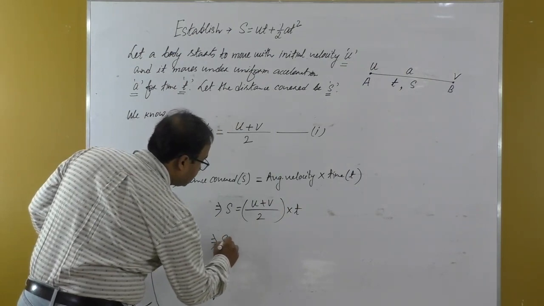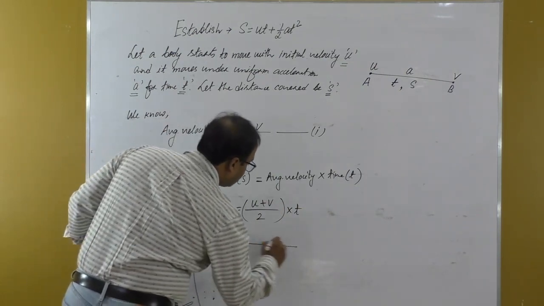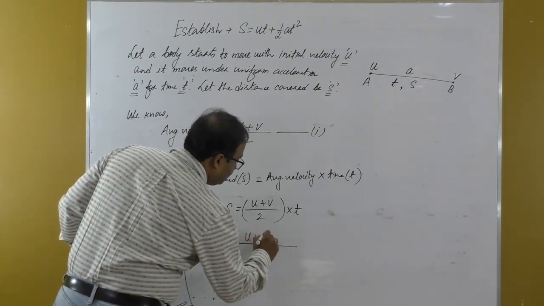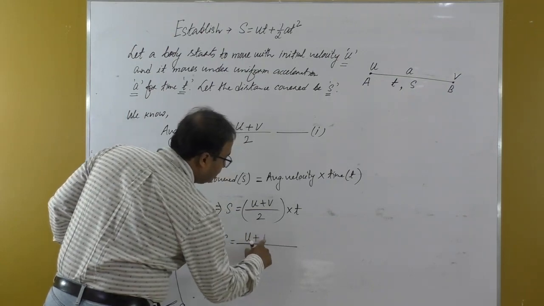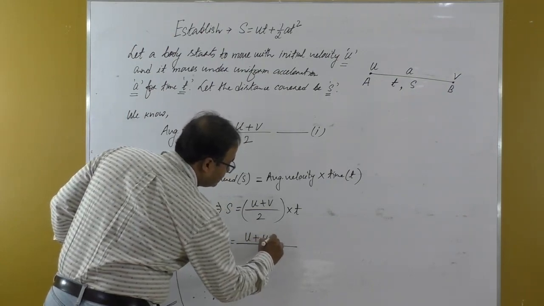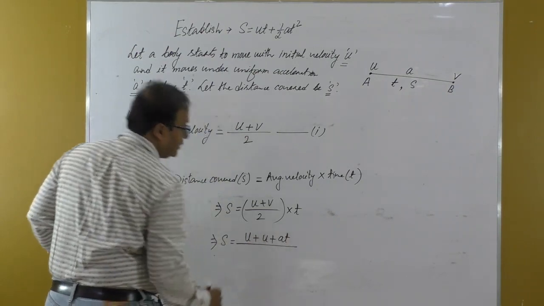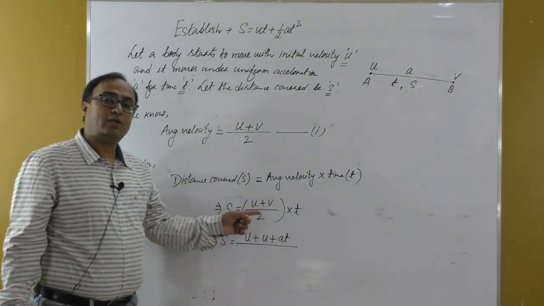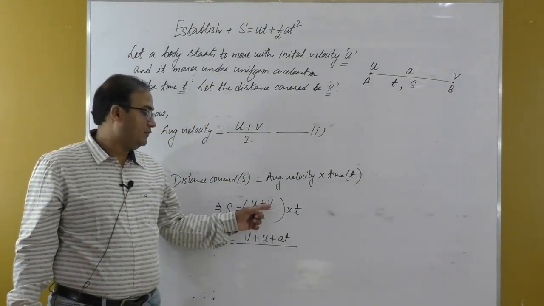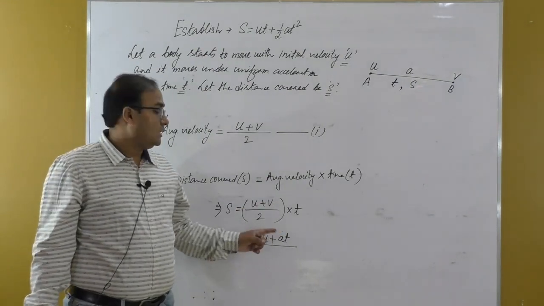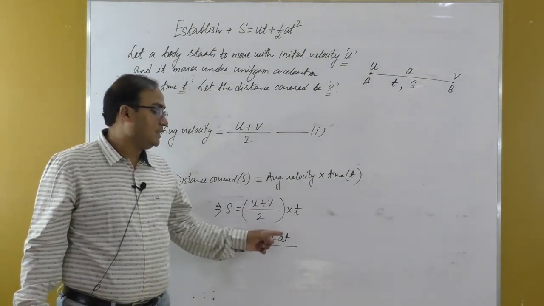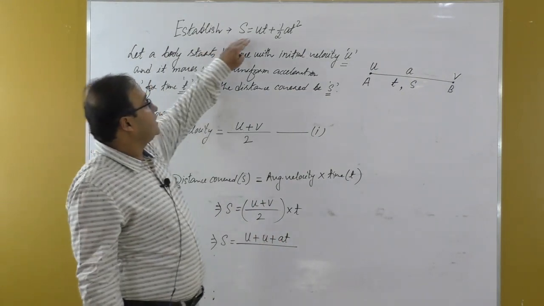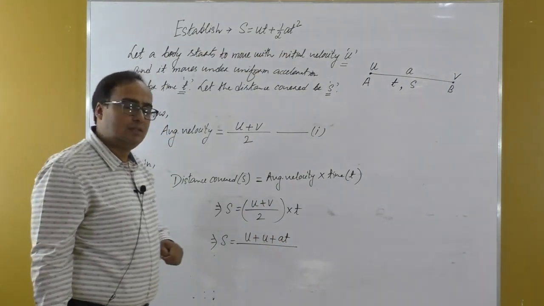So now s equals, v equals u plus at. Already हम लोगों को पता है, we have already established the equation 1 where v is equal to u plus at. यहाँ मैंने v के जगह पे u plus at क्यों लिखा है? क्योंकि look at this equation, यहाँ v का कोई requirement नहीं है.